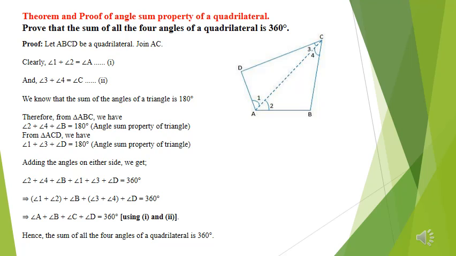Now we'll add these two triangles. So we get angle 2 plus angle 4 plus angle B plus angle 1 plus angle 3 plus angle D, which is equal to 360.